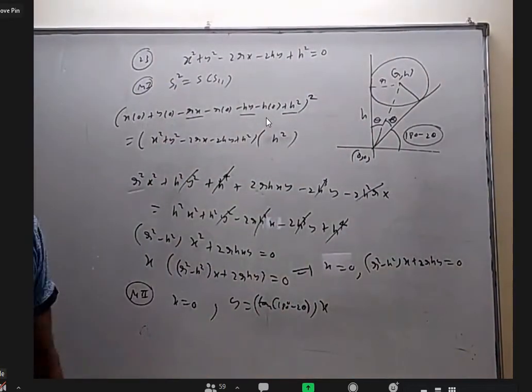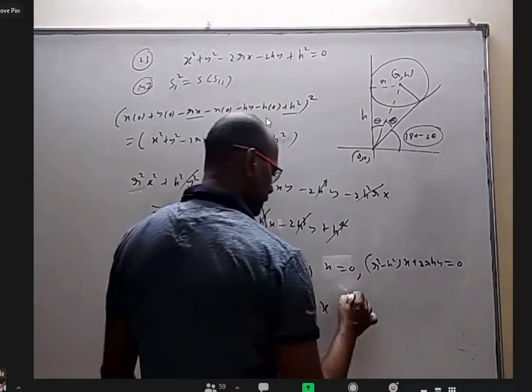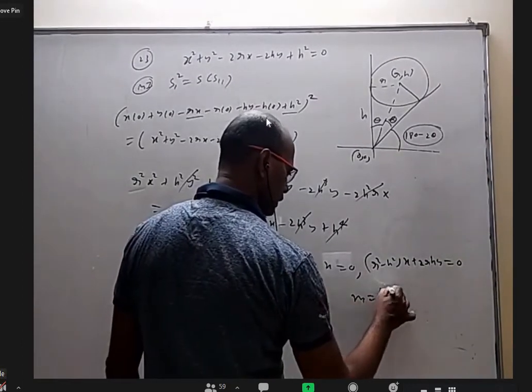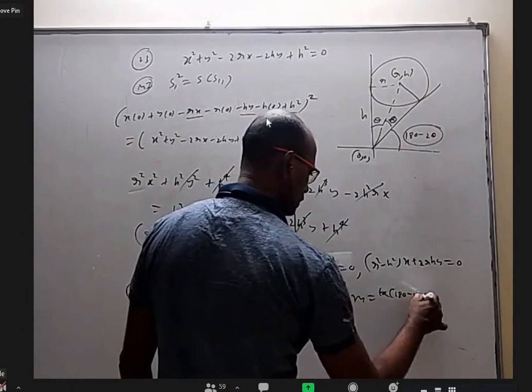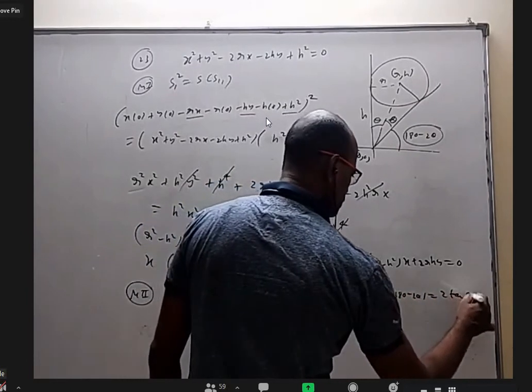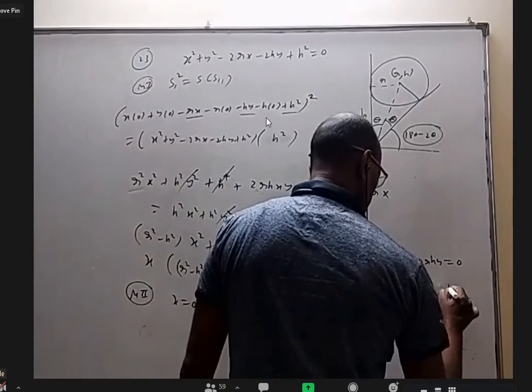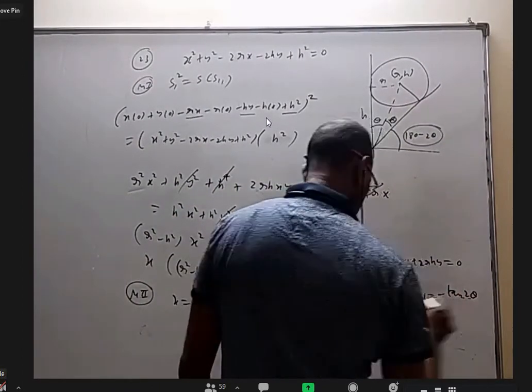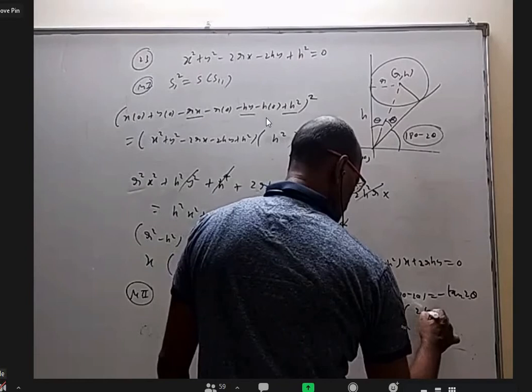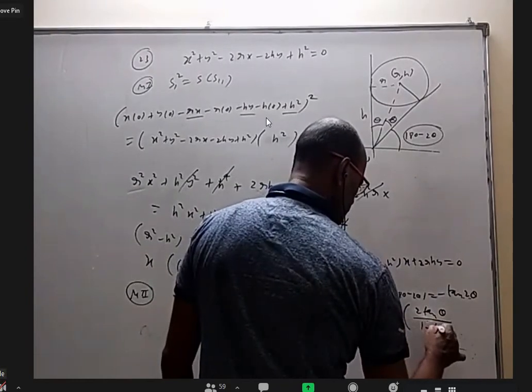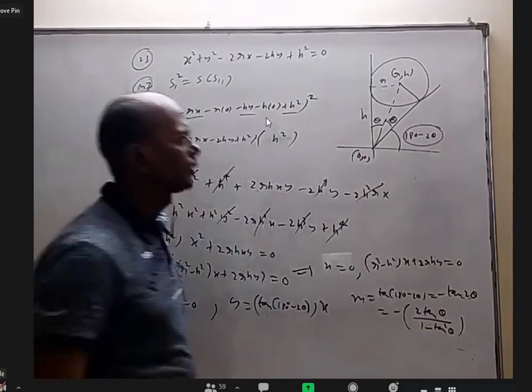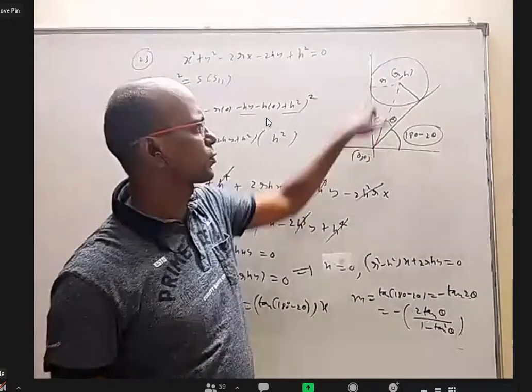Let us see how to find the slope from the figure. So slope is equal to tan(180 minus 2 theta), which is minus tan 2 theta, sorry. Minus tan 2 theta is 2 tan theta by 1 minus tan square theta. In the place of tan theta, I can substitute r by h.